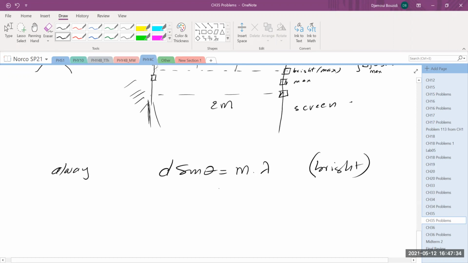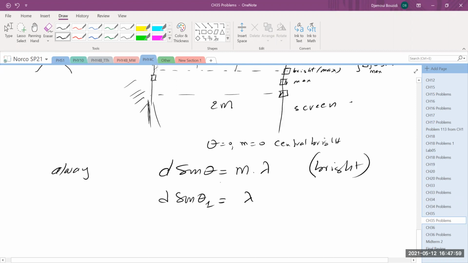In other words, for theta equals to 0, we know that m is equal to 0. For theta 1, we know that d sine theta 1 is equal to 1 times lambda. For theta equal to 0, m is equal to 0. That's the central bright fringe.